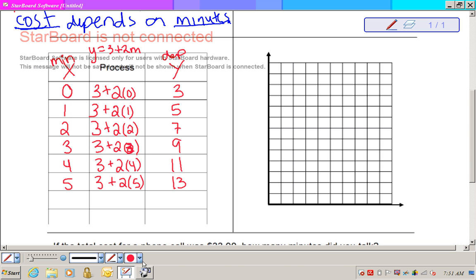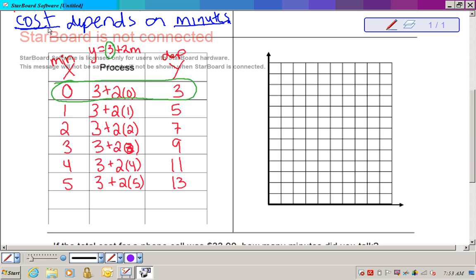Now, if you look at our y values, we started at time 0 with 3. We have a 3 here in our equation.